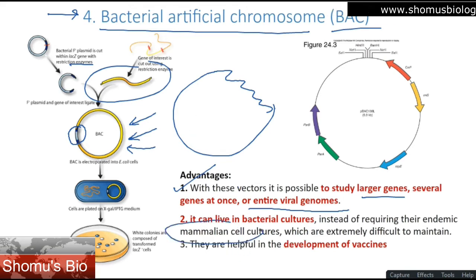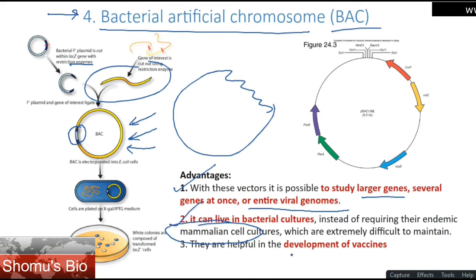So we can do it in the bacterial culture itself. If you want to clone a viral genome, then we would need to carry it through mammalian cells, so mammalian cell culture and cell lines have to be maintained, which is not the case for the bacterial artificial chromosome. We can easily maintain them in the bacterial cell, which is far easier and far less expensive.